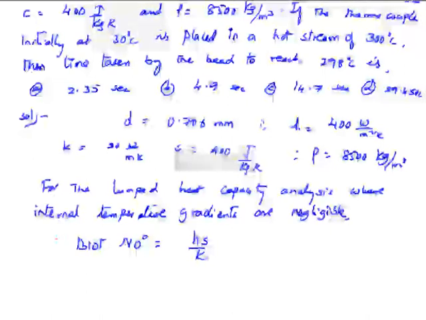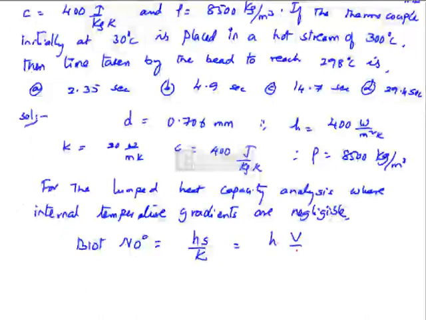If it is less than 0.1, we can take it for granted that lumped heat capacity analysis is valid, and hence the temperature of the body would now be a function of time alone. So first of all, let us calculate the Biot number.